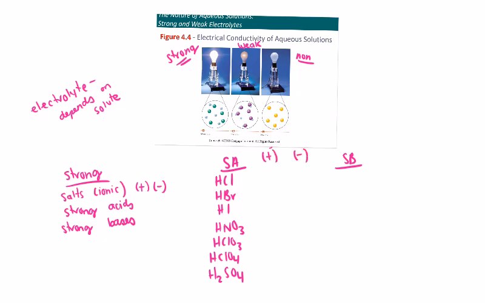Okay, the list for strong bases: lithium hydroxide, sodium hydroxide, potassium hydroxide, rubidium hydroxide, cesium hydroxide. Notice that all of those are in group 1. That's going to follow a trend for your solubility rules. Okay, these strong bases are also going to completely dissociate.